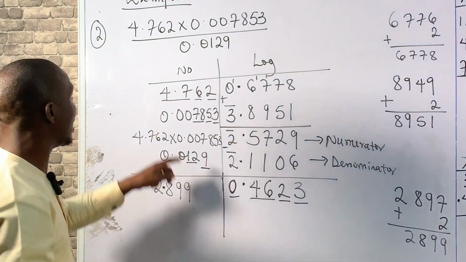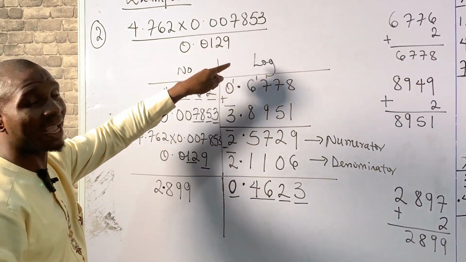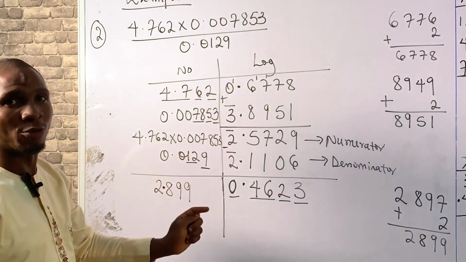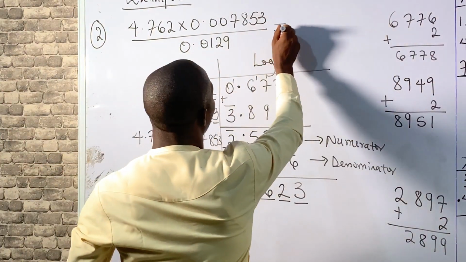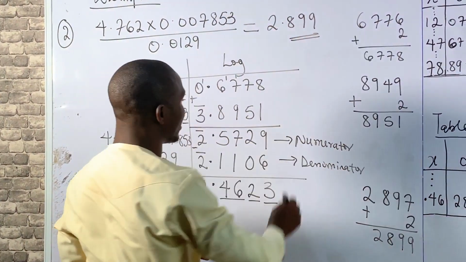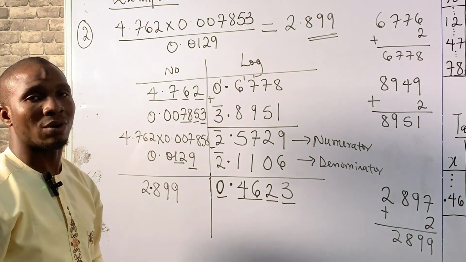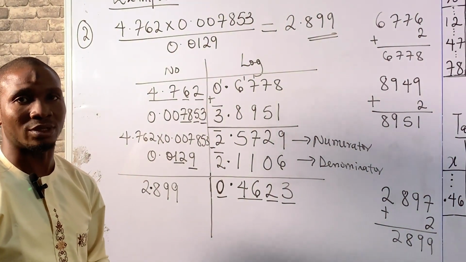What that tells us is that 4.762 times 0.007853 divided by 0.0129 gives us 2.899. And that is the final answer. So this is the end of question 2. In our next class, we'll be looking at question 3. Thank you.